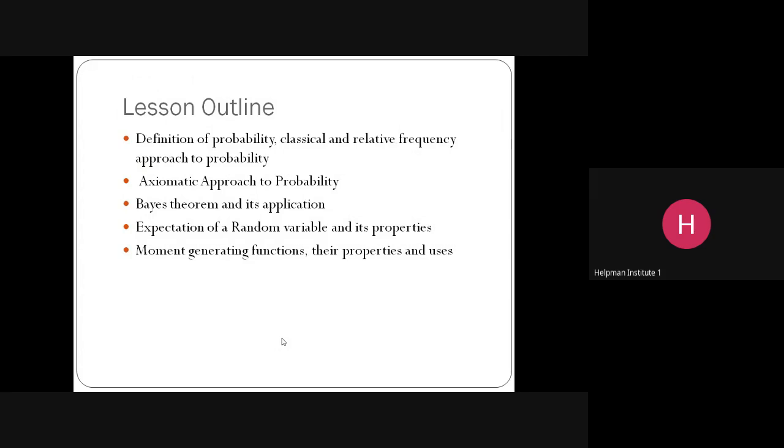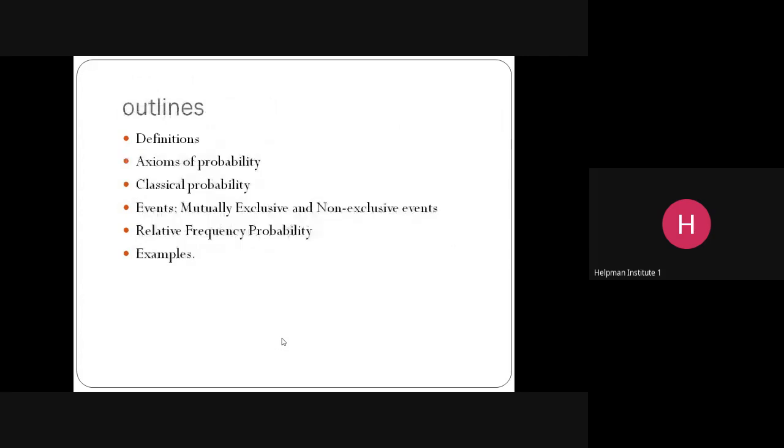So this is basically the overview of what we'll be looking at in this course for this week and next week. But for today, we will be looking at the definitions of probability, some axioms of probability, the classical probability.